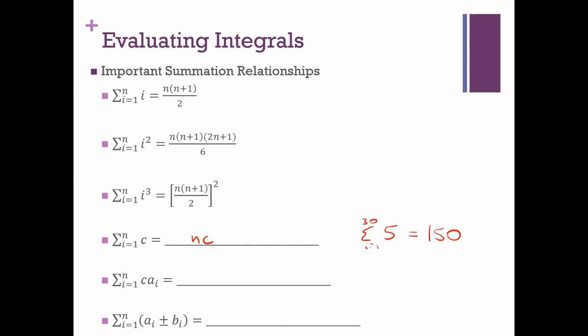What if that constant is being multiplied by something that varies? In that case, this constant here, I am multiplying it by each one of my terms. It doesn't matter if I multiply before I add them all together or if I add all the terms together and then multiply.